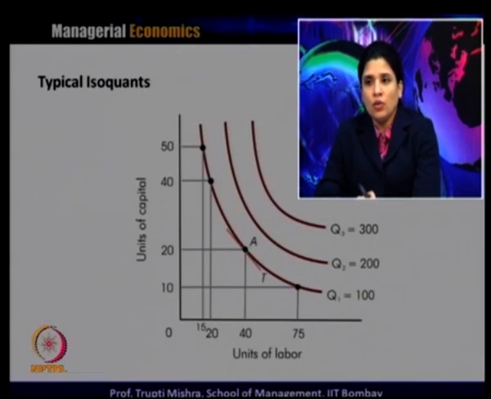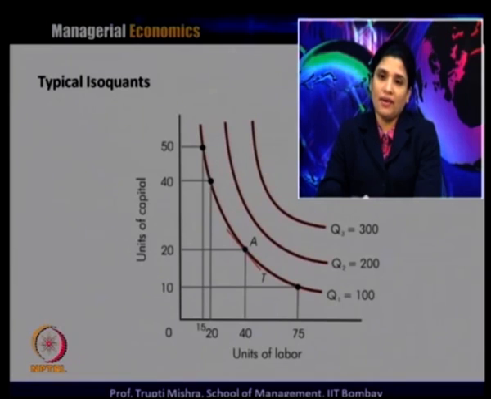When you use more labor and more capital, you produce a higher level of output, and a higher level of output means a higher isoquant. Similarly, if you use still more capital and labor than at 200 units, it leads to a higher level of output. The producer produces more output because they are using more capital and more labor, and that is why the output level is 300 units.